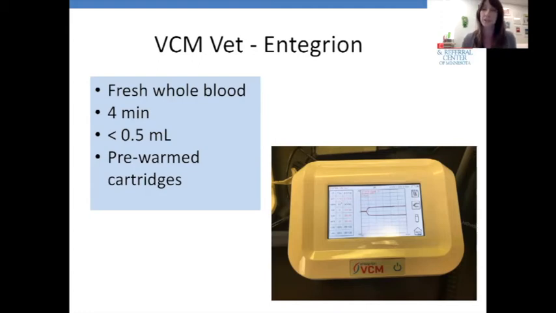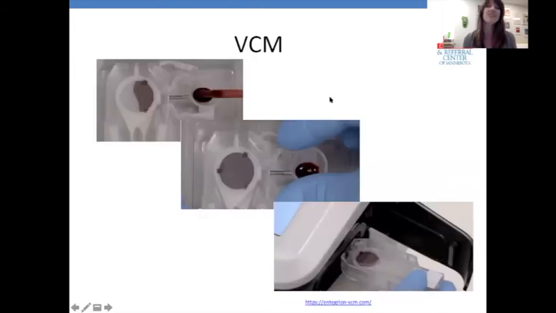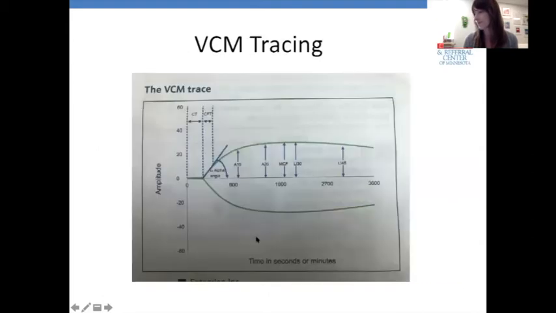I don't know the details because apparently that's proprietary information, but that's what I do know. So again, this is a small blood sample for this machine, and you basically take your whole blood, put it into this cup, it goes into the pre-warmed cartridges, and fills up the circle, and then you just put it in the machine. It's really easy to use.